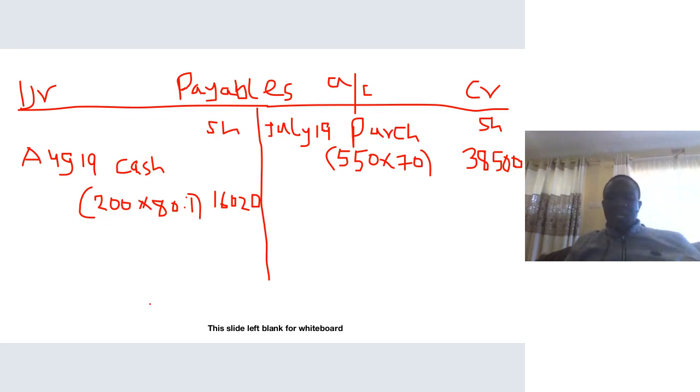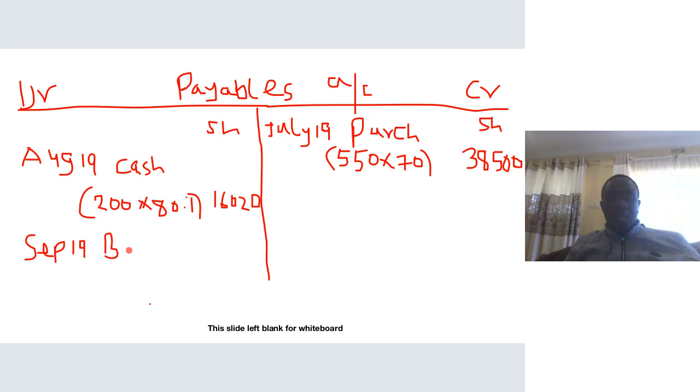That is the transaction. Then we were told that the remaining balance should have been settled at a later date. The later date that we are talking about here is September 2019. So our balance will be settled in September 2019. Again, September 19, we have the balance.